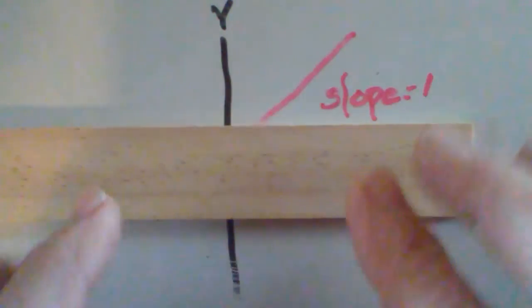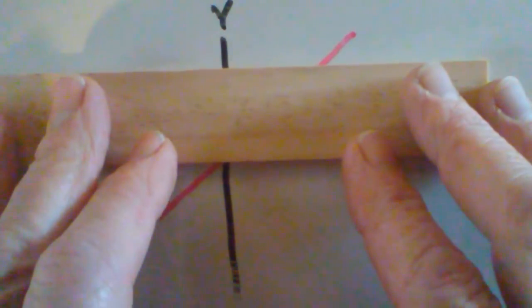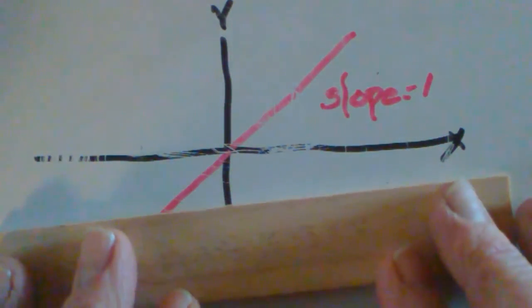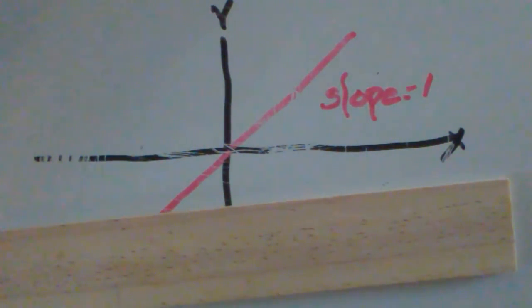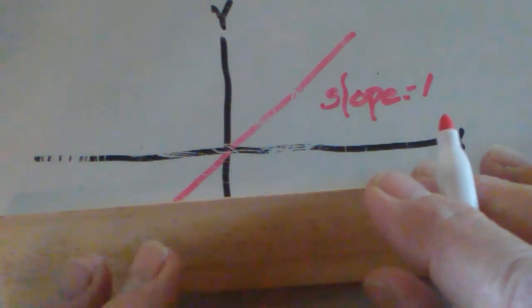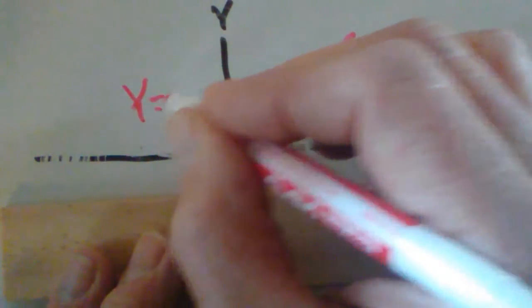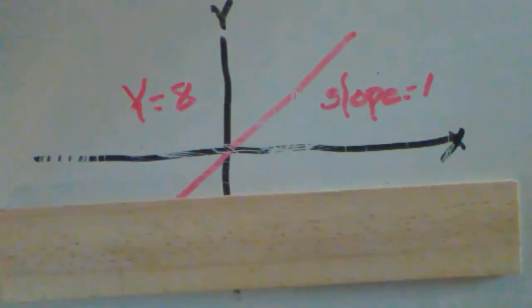Any flat line, what do you think the slope is of that? Well, there's no slope. The slope is 0. Okay? How do we write the slope if the slope is 0? Well, if the equation says y equals 8, we know the slope is 0.